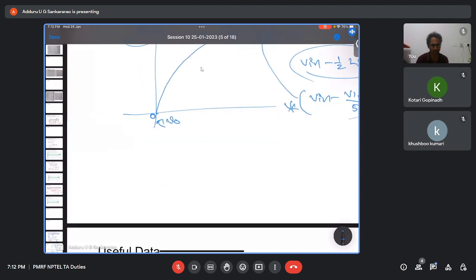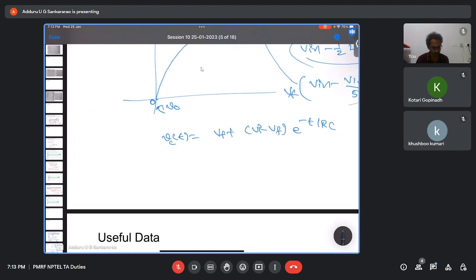Now you know, right? When the capacitor is slowly charging, you might have seen the capacitor voltage VC is V final plus (V initial minus V final) into e power minus t by RC, something like that. So what we want is till here.